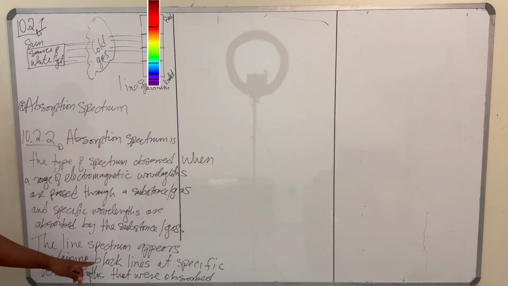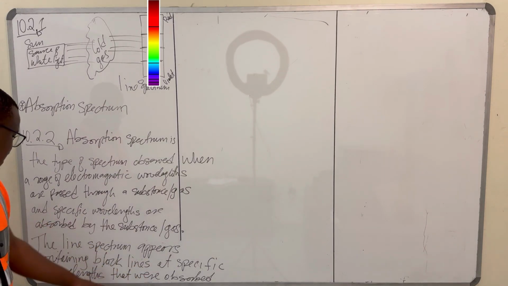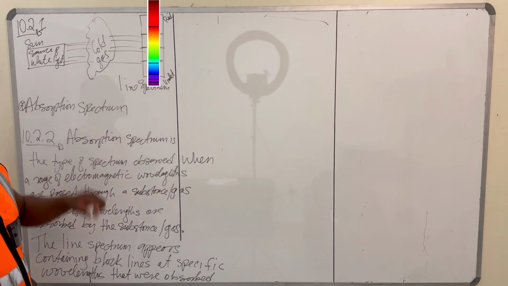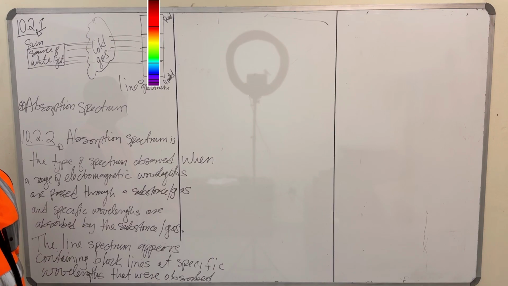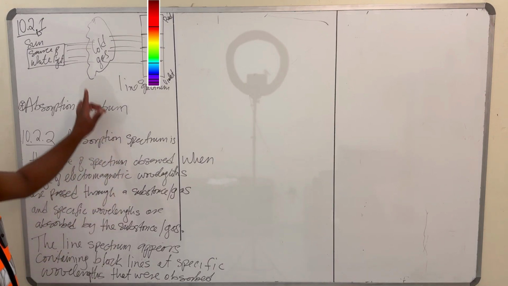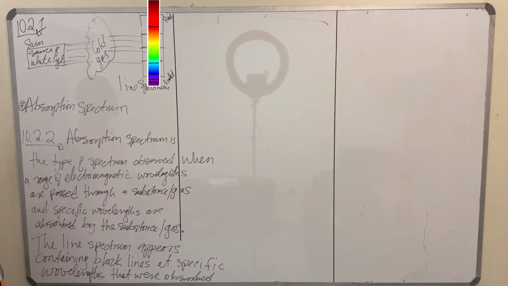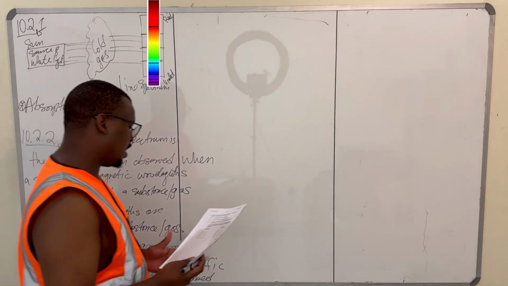So the spectrum will appear containing black lines at specific wavelengths that were absorbed by our substance. Done. This is how I would describe it.